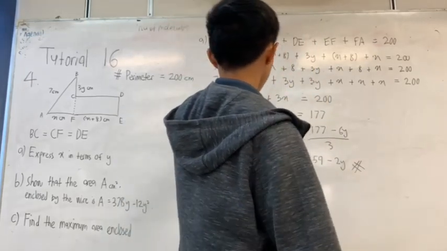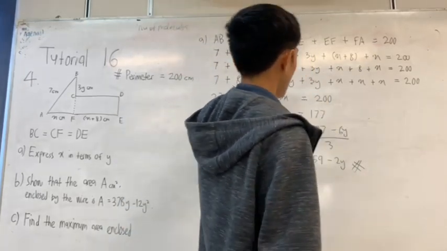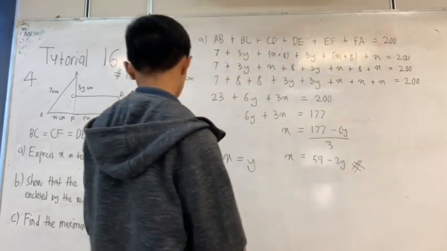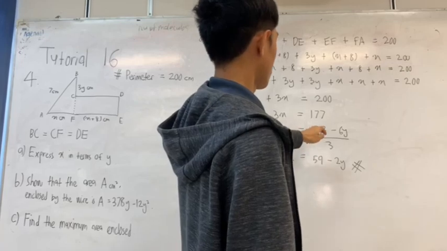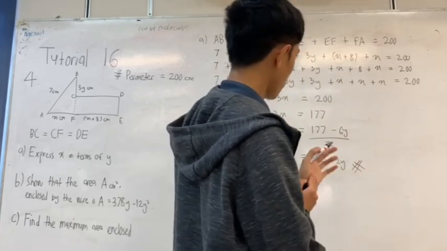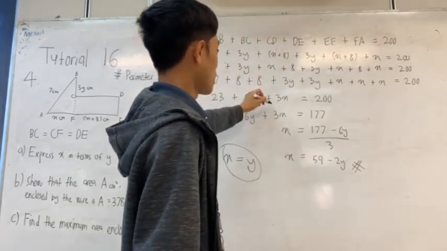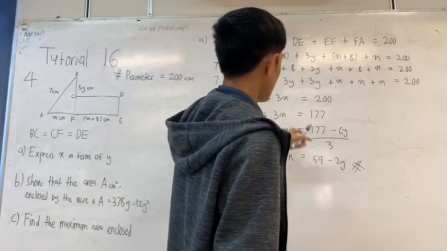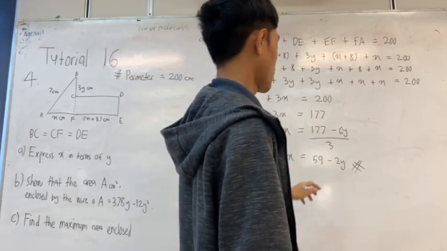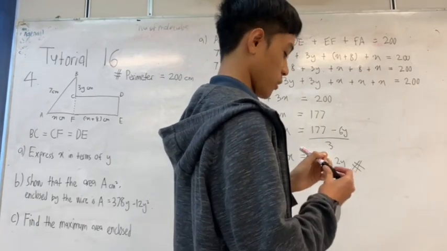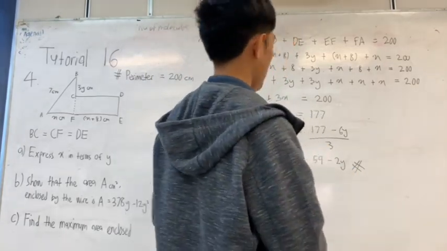And then this 6y, we're going to take it and put it on the right hand side to get this. So we get x equals 177 minus 6y, which we can simplify more by dividing by 3, which we will get 59 minus 2y. x equals 59 minus 2y.